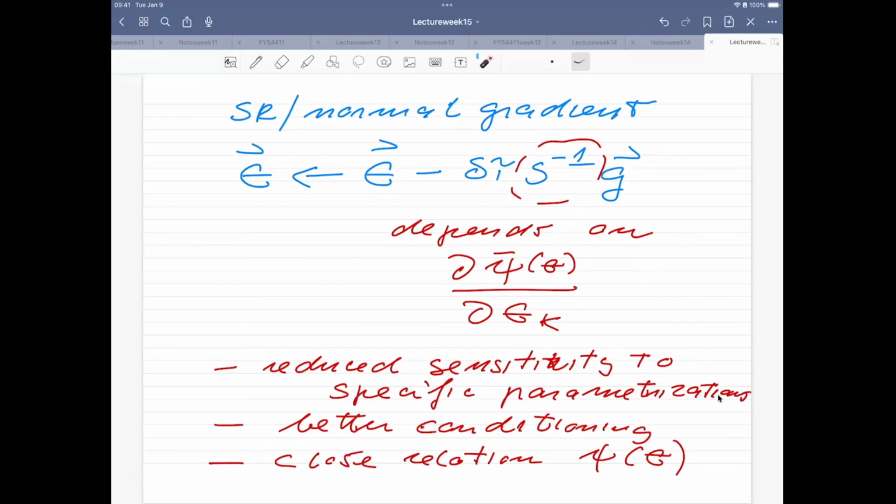And that does a much better job, normally, than applications of things like, let's say, Adam or whatever. Because here you have explicit dependence on the trial wave function. In our case, this is the parameterized quantum circuit. Okay? That makes sense? So this is a kind of lesson which we can take from this.